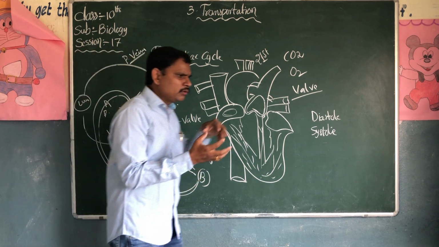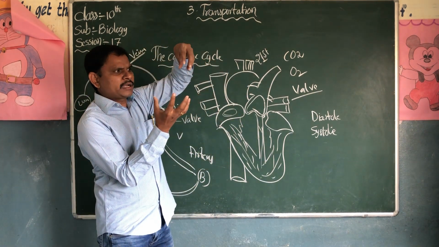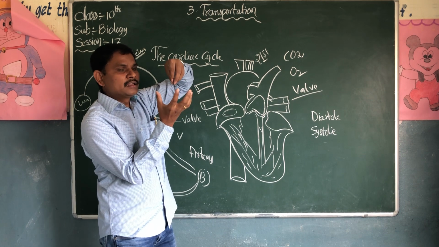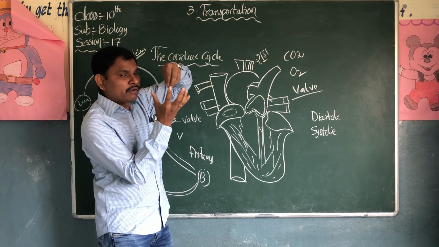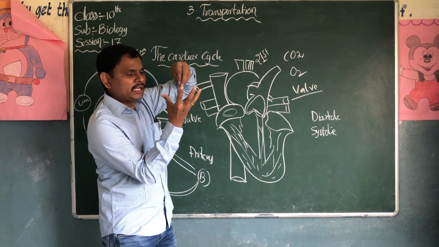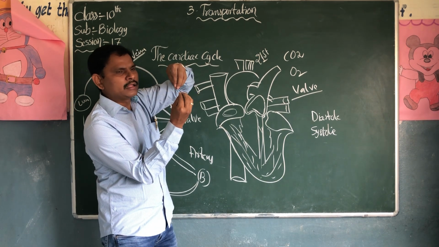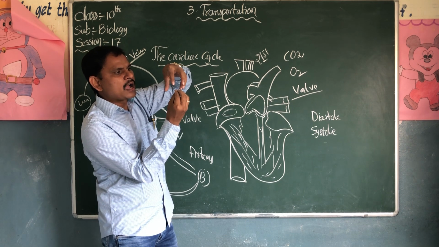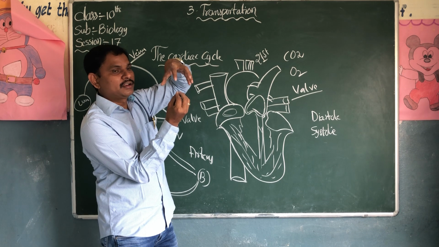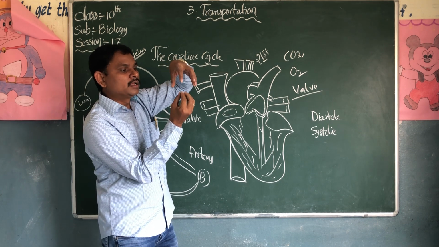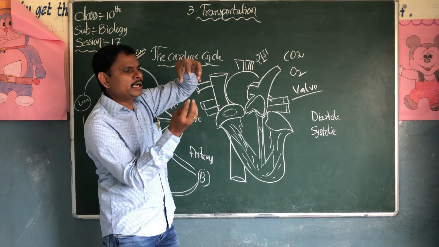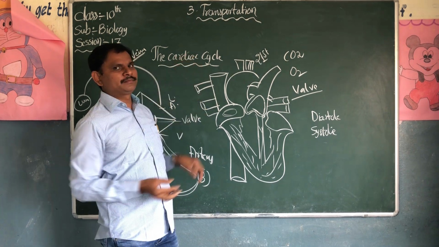Now look very carefully. When the atria contract, the blood has already gone into the ventricles. Then the ventricles start contracting, and the atria start relaxation. Now listen very carefully. There is a chance for blood to enter in the reverse direction.